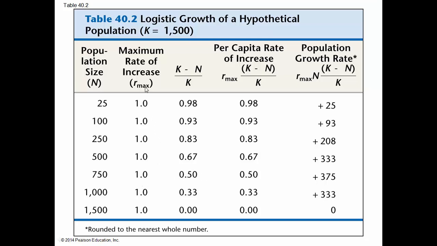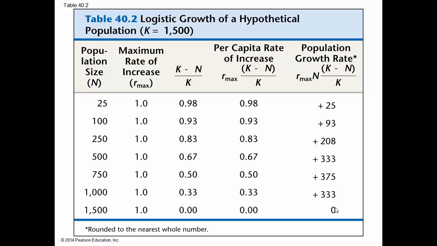Here's the population growth rate. As R max is 1, it is constant throughout this equation. K minus N is the population recycled through here. When you reach population carrying capacity of 1,500 individuals, then carrying capacity dictates that no further growth will occur.